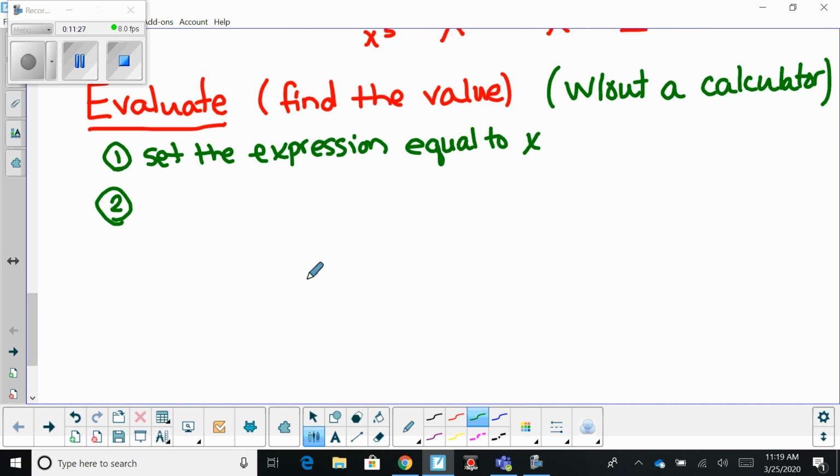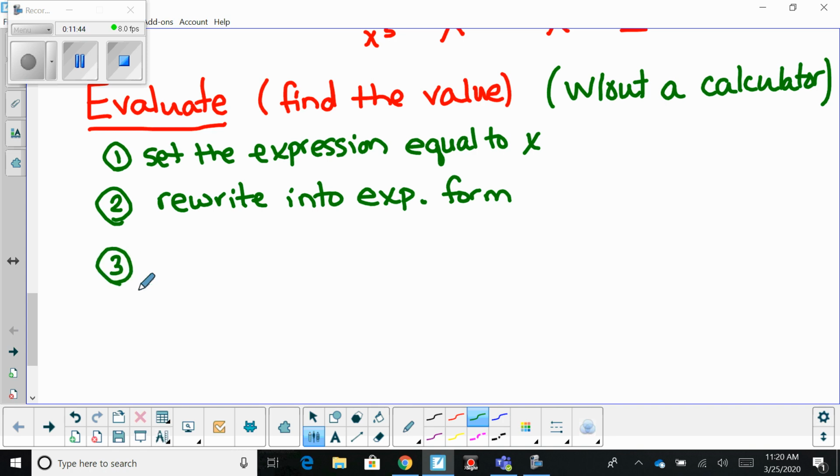And then we are going to rewrite it into exponential form. It'll be given to you in log form, and you're going to switch it around to exponential form. And then you're just going to solve what that is. You should be able to recognize what type of exponent it would be.